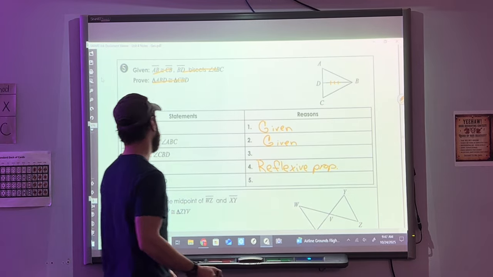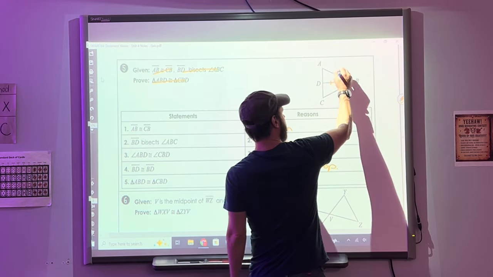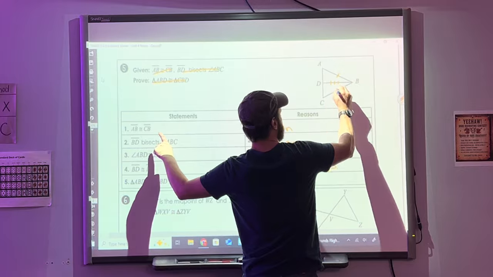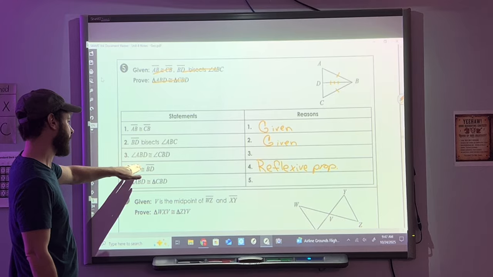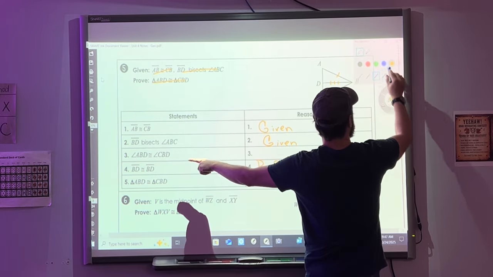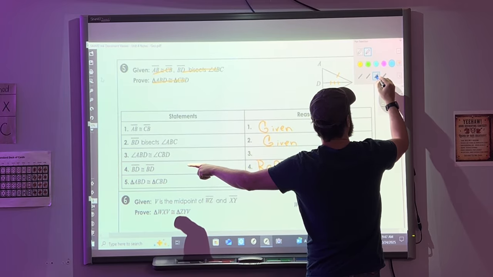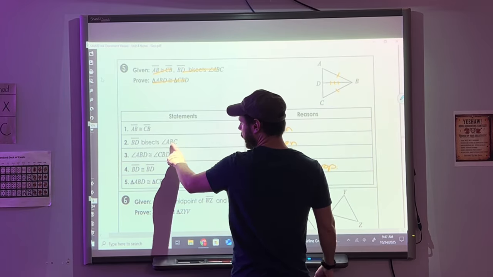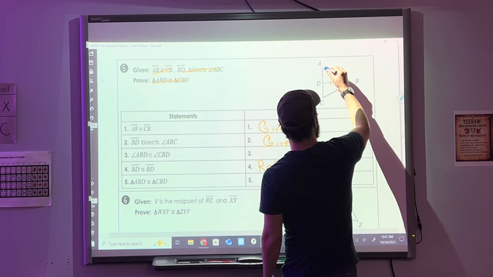Okay. All right. Now let's go back and label the picture normal. AB is this side, and CB is that side. Okay, now I have to deal with this bisect thing. It says that something is being cut in half here. Because bisect means to cut in half. So it's saying ABD.